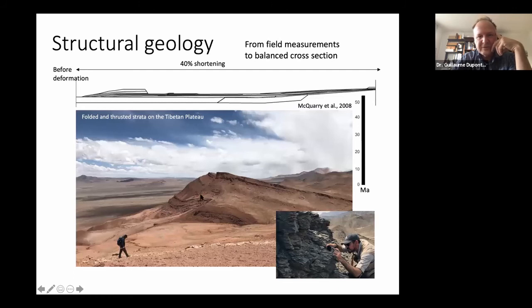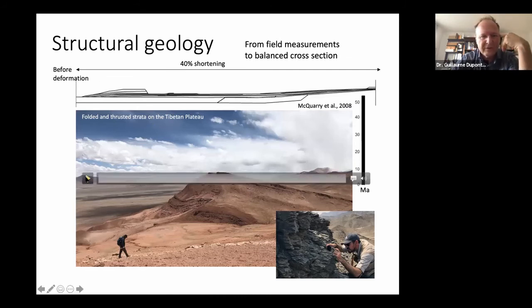Here is an example of how this can be done. This is a lot of field work. People go in the field and measure the orientation of rocks to be able to reconstruct the deformation.